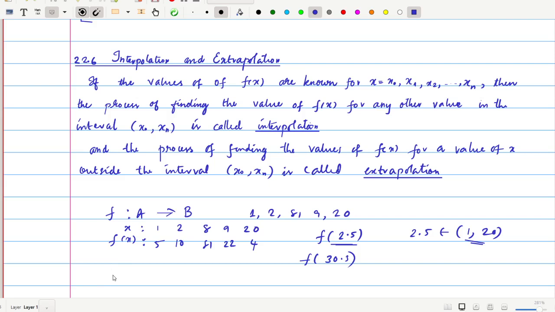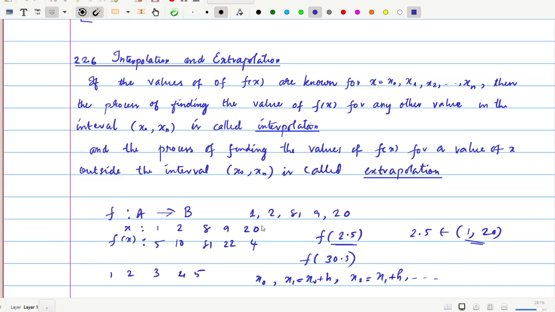That means a uniform interval, say 1, 2, 3, 4, 5, or if x1 is obtained by adding h to x0, and x2 is obtained by adding the same difference h to x1, and so on. If the points are uniform, with a common difference between any two consecutive points, then we can say that the values of f are given in uniform intervals.